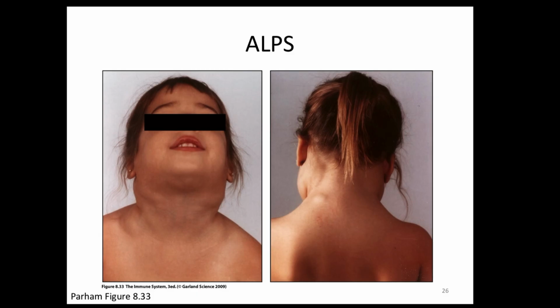Even without that, though, there's one other thing we can think about and imagine. So I told you last time that if I looked right now at some of your lymph nodes, I would find germinal centers. You're making immune responses to stuff all the time.